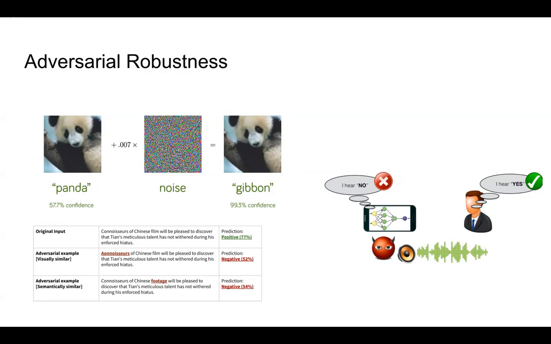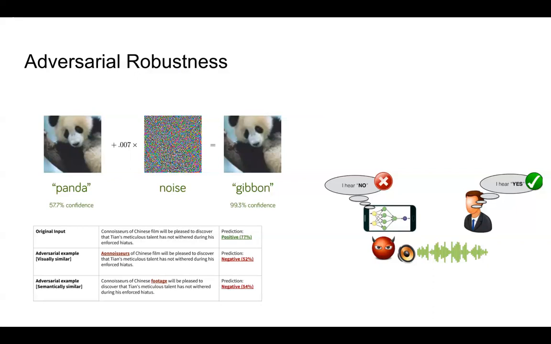So in 2013 and 2014, two scientists simultaneously observed that they could take an image and add a tiny amount of noise to it, and this noise was so small that it was almost invisible to the human eye.